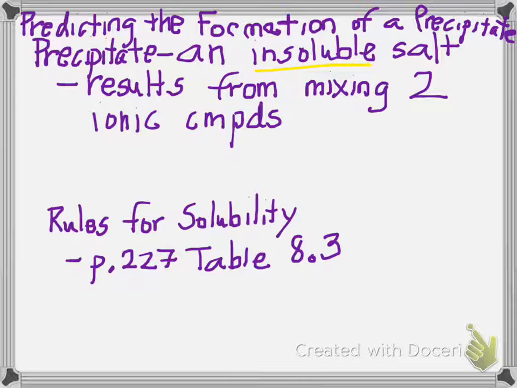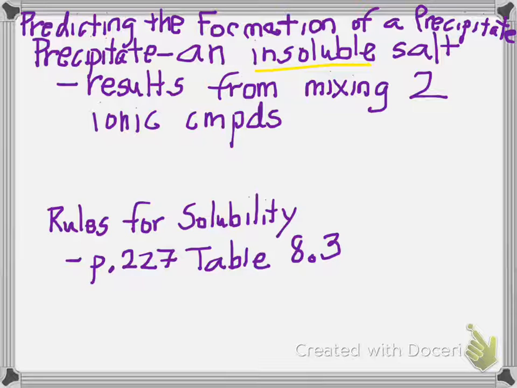Remember, most times if you're going to be asked to do a complete ionic equation or a net ionic equation, it's going to be a double replacement reaction because you have two ionic compounds reacting.